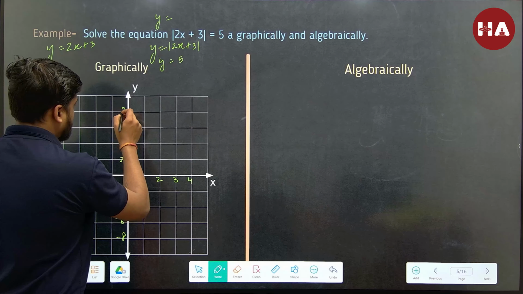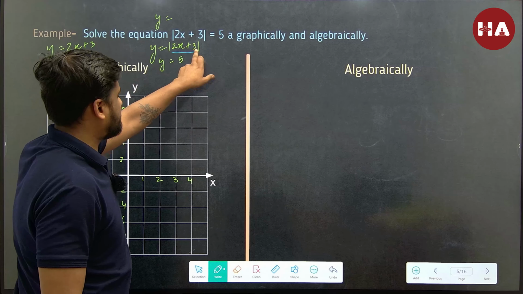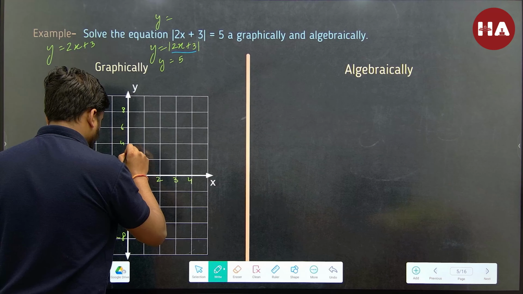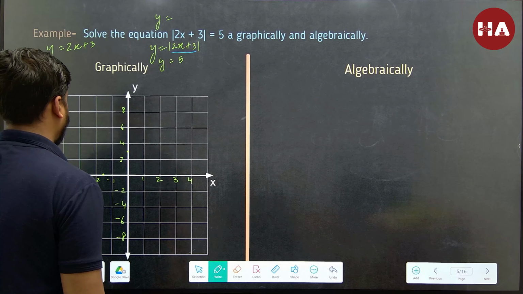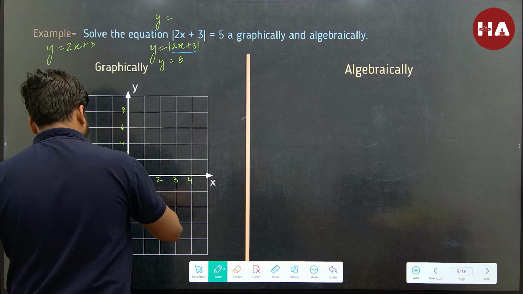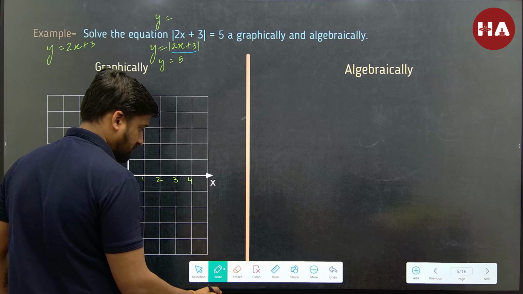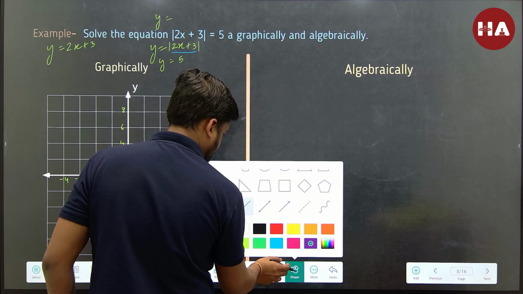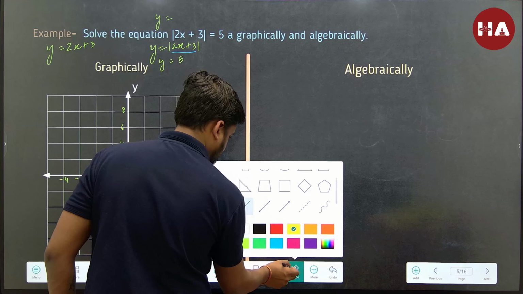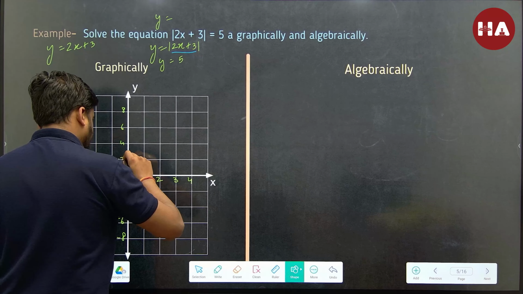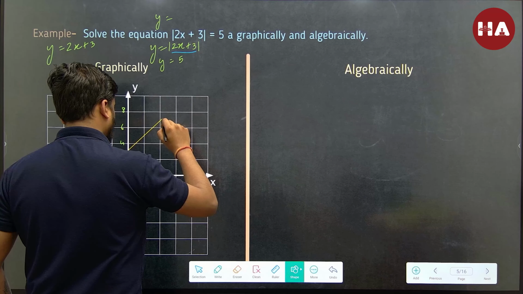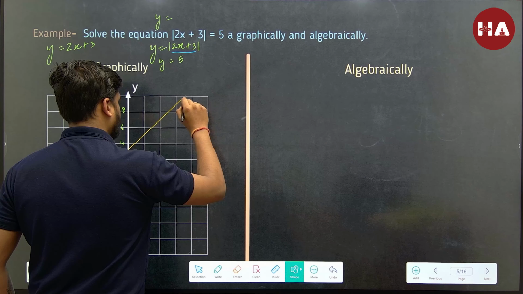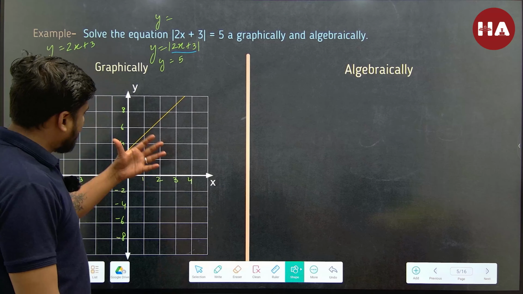So when you draw the graph of y equals |2x + 3|, you'll be getting something like this.